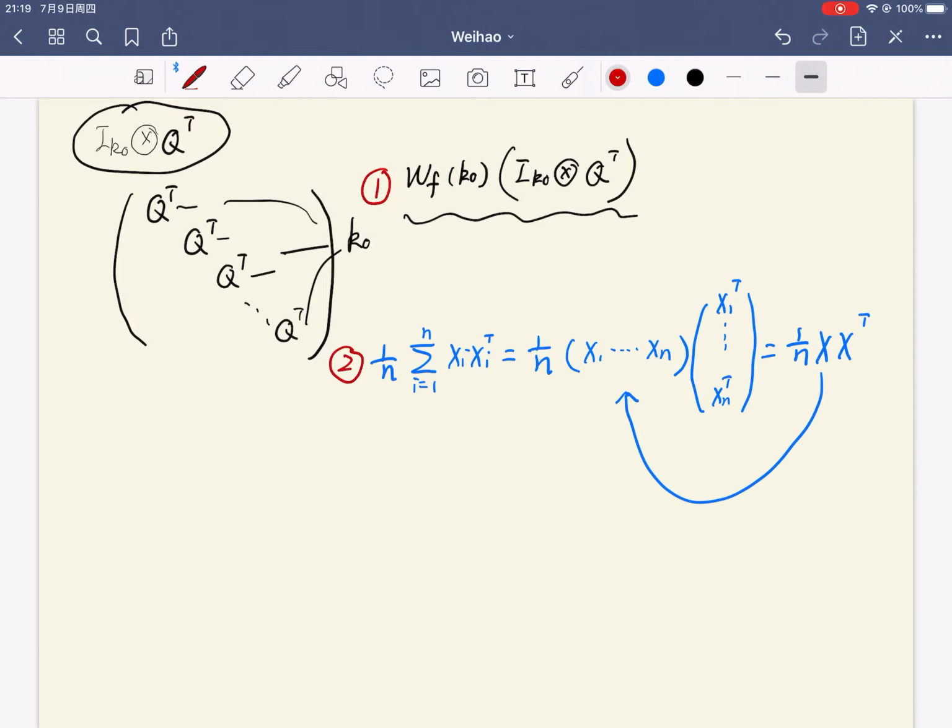So based on this first and the second point, we can write D as something times its transpose.